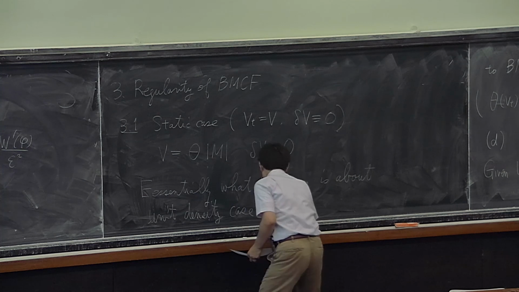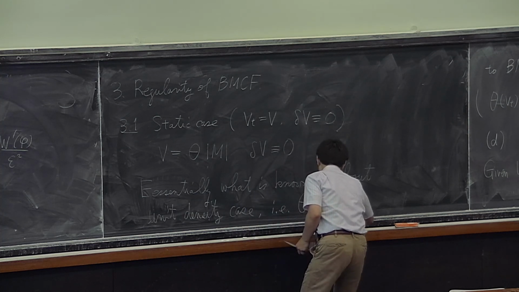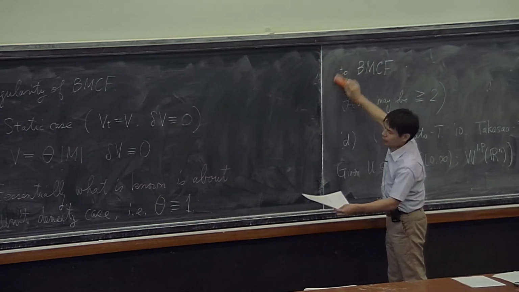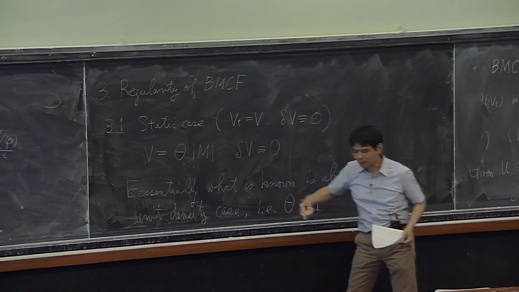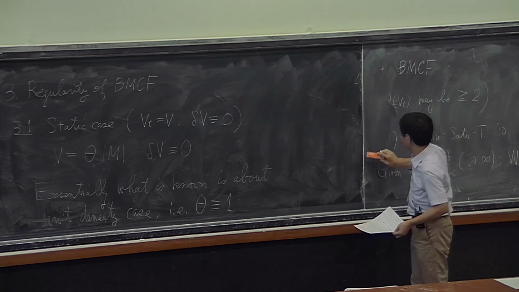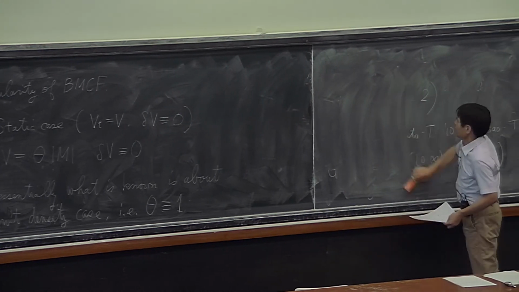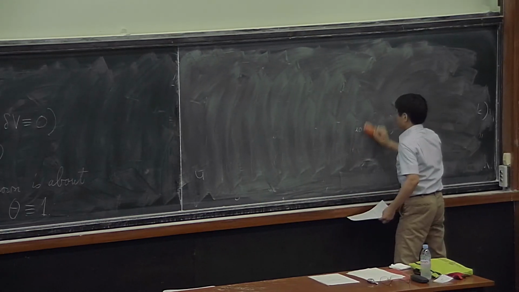That is, theta is equal to 1 almost everywhere. So maybe I should concentrate on this case. It's in the case of higher multiplicity that you can say something, but it's not so essentially different from the unit density case. So maybe I'll just say a word about this.